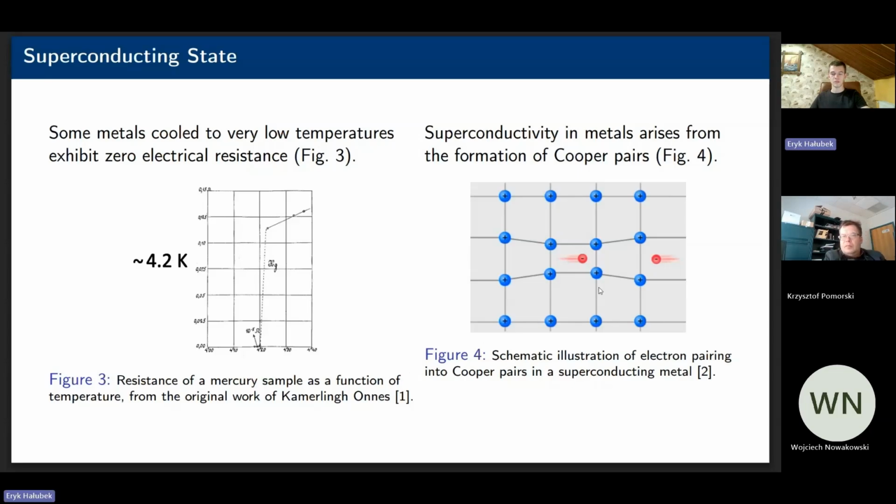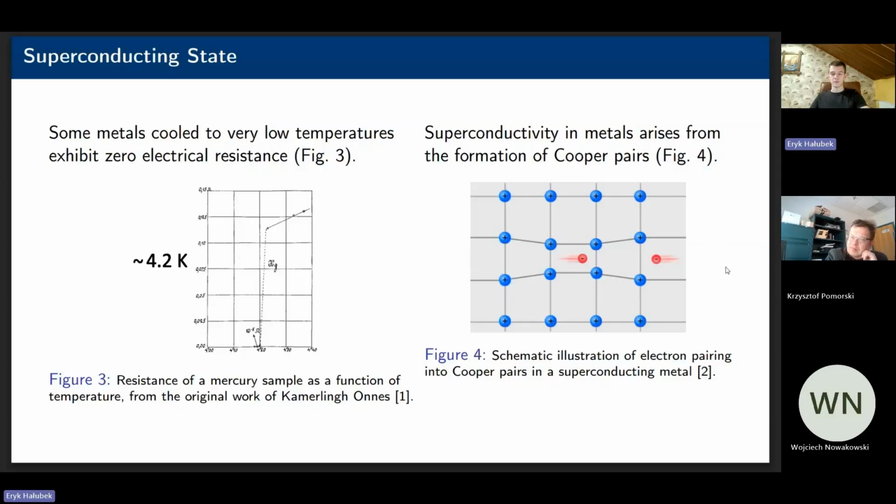in the year 1957, Bardeen, Cooper, and Schrieffer showed us the theory of superconductivity, which explained the superconducting state as observed in metals.